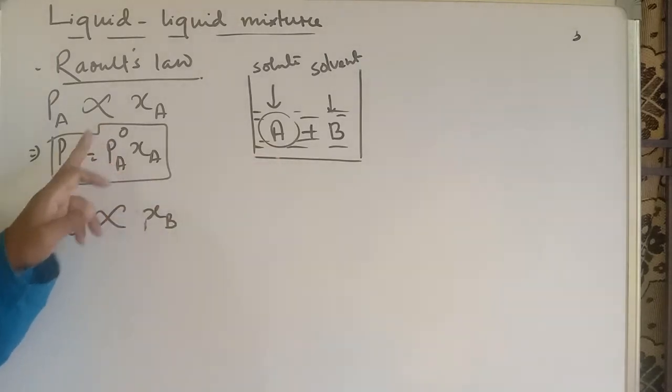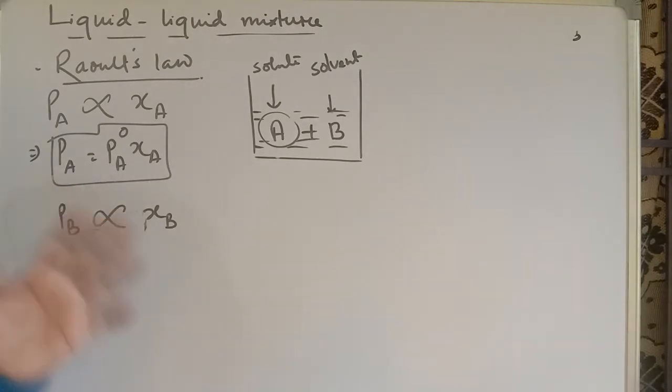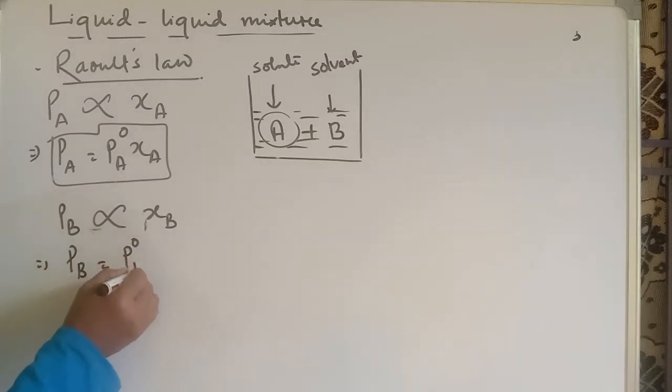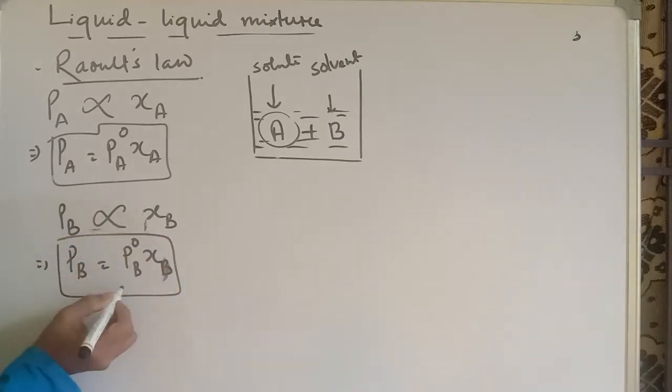But P naught A is the vapor pressure of component A in the pure state. Similarly, PB equals P naught B XB. Here also P naught B is the vapor pressure of component B in the pure state.